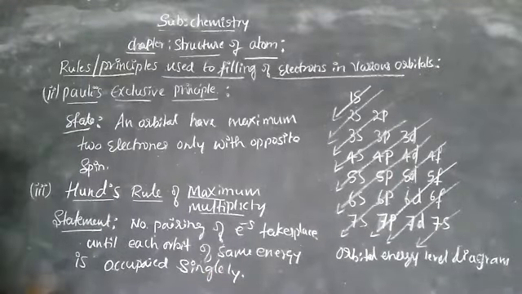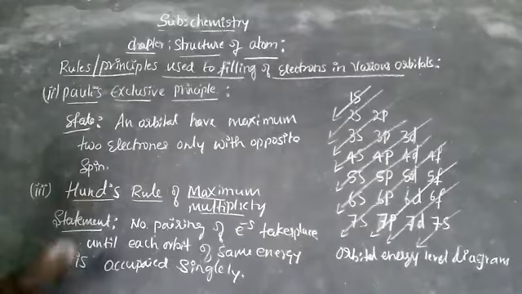This is called Hund's rule of maximum multiplicity.